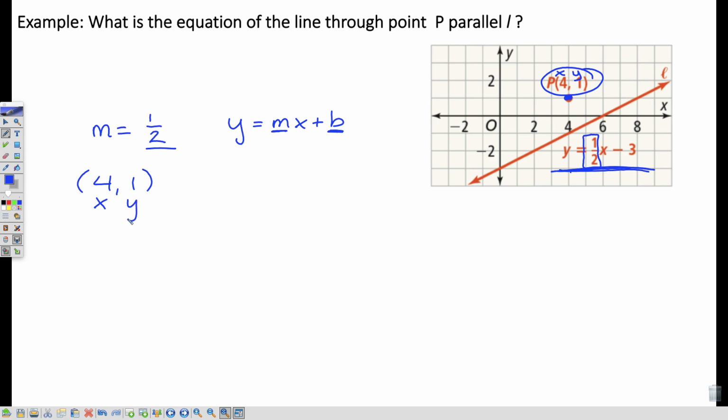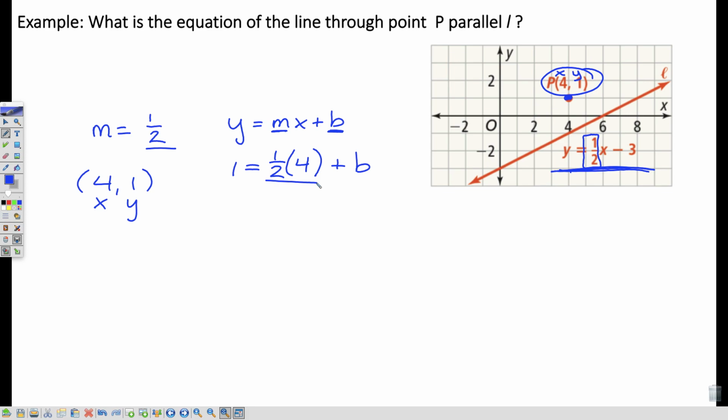Yeah. So I have to plug that in and solve for b. So what's y? 1. 1 equals, what's m? 1/2. 1/2 times 4 plus b. So what is half of 4?